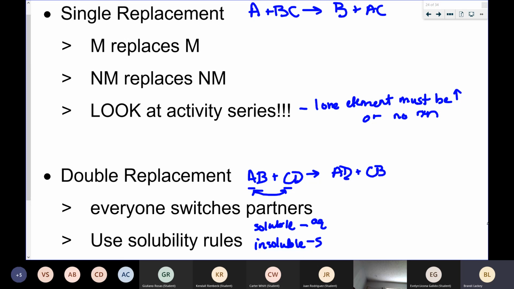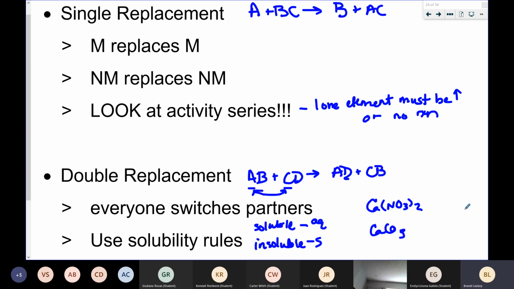So that would be like if we were looking at calcium nitrate or calcium carbonate, and we wanted to see what their state symbols were. So for calcium nitrate, we would look at the rule for nitrates.